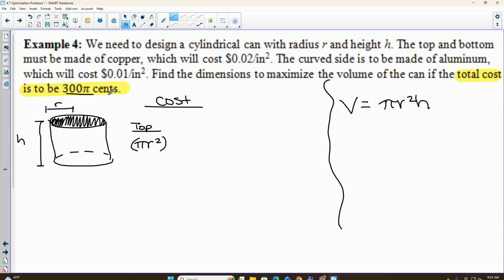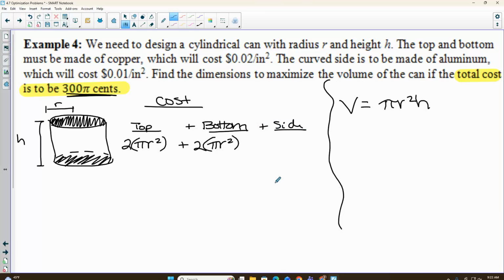It's 2 cents. Since this is also in cents, we can just say 2. We don't have to do 0.02 because my cost is in cents. Okay. So if I'm adding up my costs, I have to think about the cost of the top plus the cost of the bottom. All right. Area of the bottom. It's also a circle, so it's still pi r squared. How much am I charging for the bottom? 2 cents. Still 2 cents.